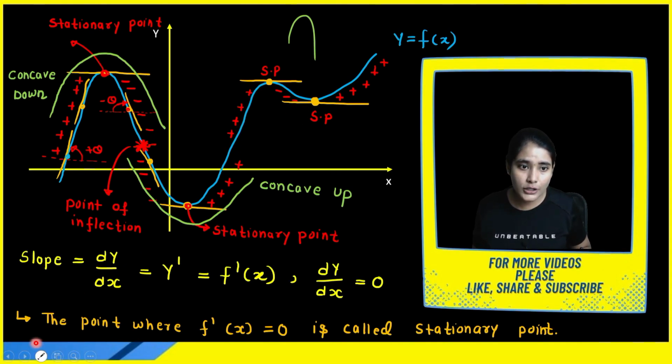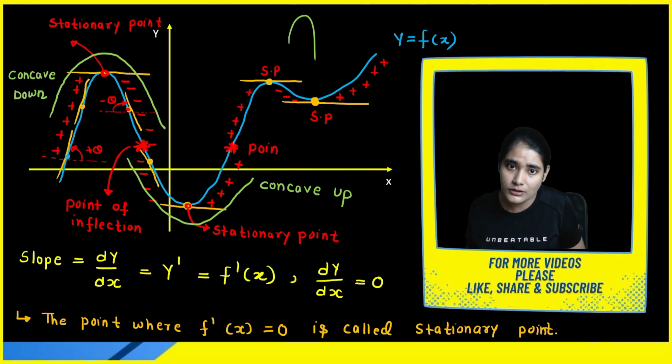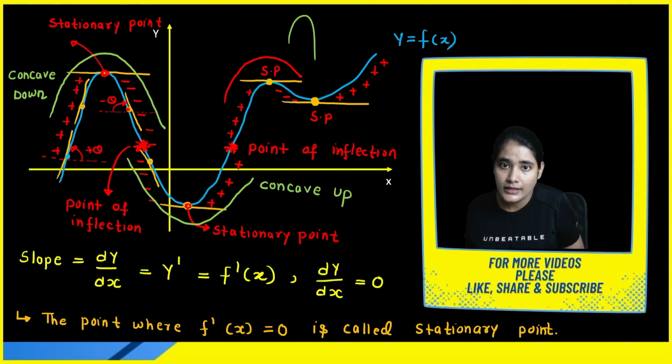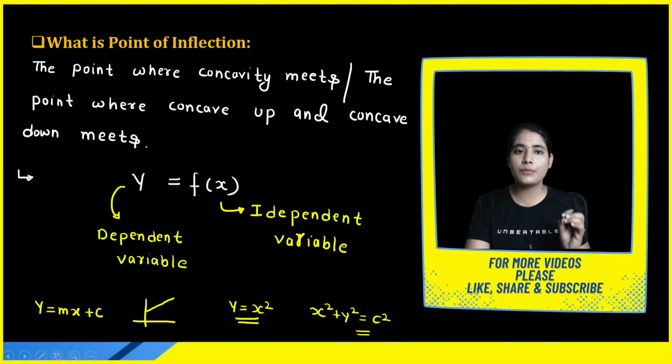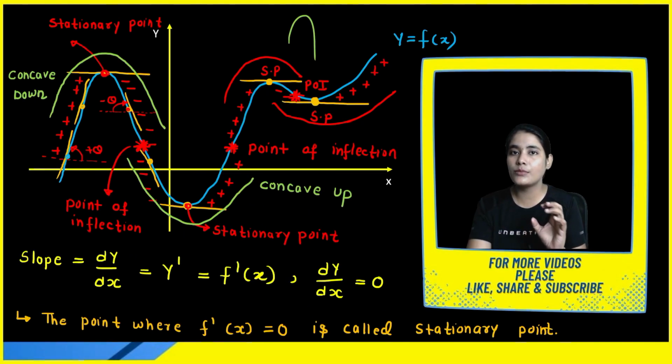So if you are going to highlight the point of inflection, somewhere here concavity will change, and this is also known as the point of inflection. Now again, this is your concave down, this is your concave up. So somewhere here you are getting the point of inflection, POI. Okay, so with the help of the graph, now I think we are able to find the point of inflection.